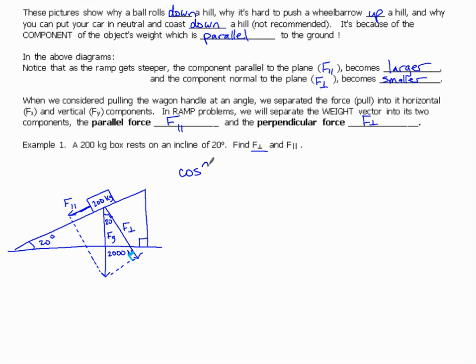The cosine of 20 degrees equals the force perpendicular, that's this one, the adjacent side, over the hypotenuse, which is 2,000 newtons. So rearranging this, we have force perpendicular equals 2,000 times the cosine of 20 degrees, which tells us the perpendicular force is 1,879 newtons.